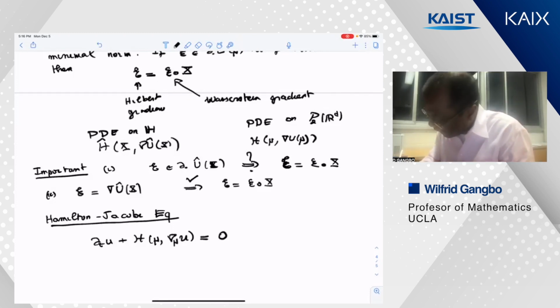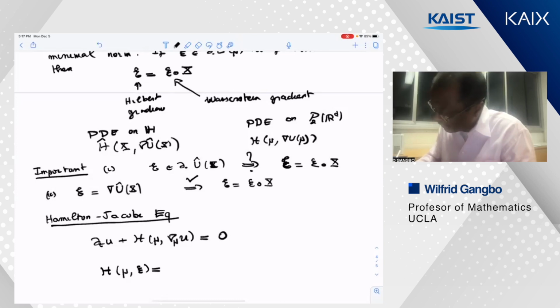So if I have H of mu psi, this will be an H hat of x, psi composition x.